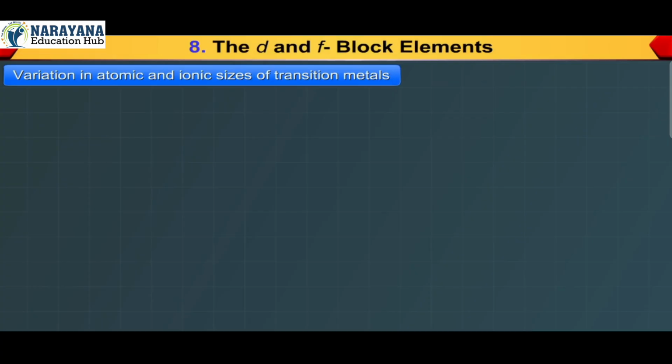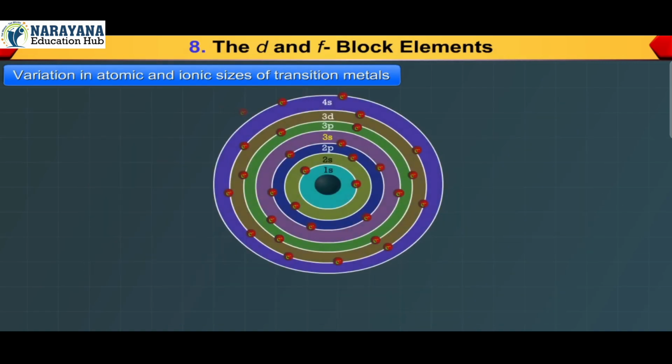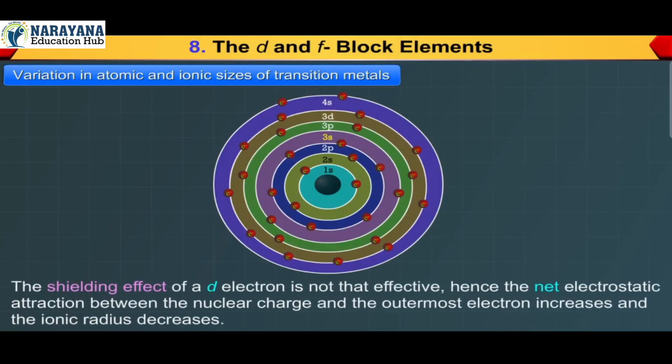Variation in atomic and ionic sizes of transition metals. In general, ions of the same charge in a given series show a progressive decrease in radius with increasing atomic number. This is because the new electron enters a d orbital each time the nuclear charge increases by unity.